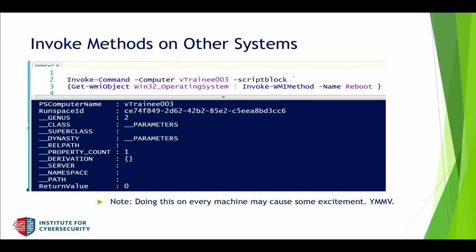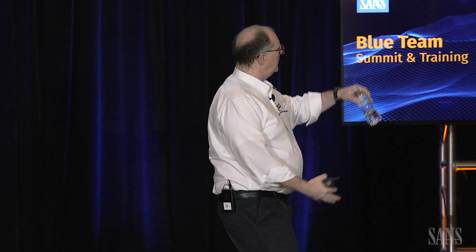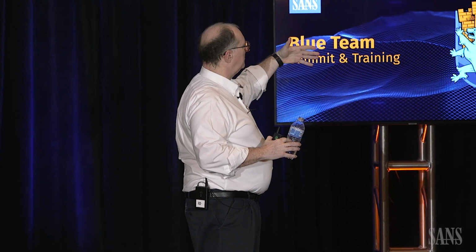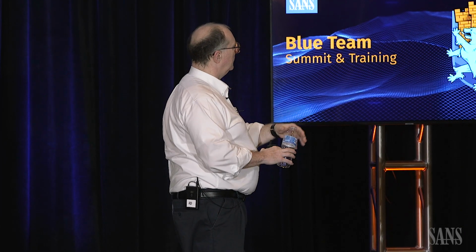Something else you can do, your mileage may vary on this one: if you did WMI exploration and determine that the operating system has a reboot method, you could reboot the environment with two lines. It may cause some shenanigans, don't know, but you can do that.